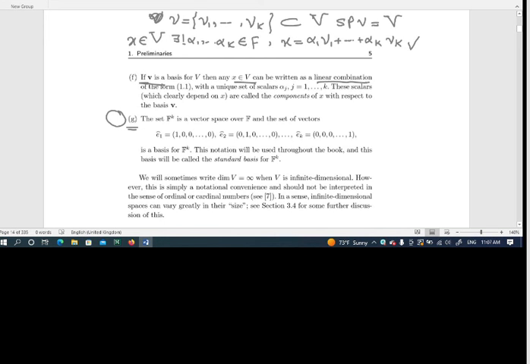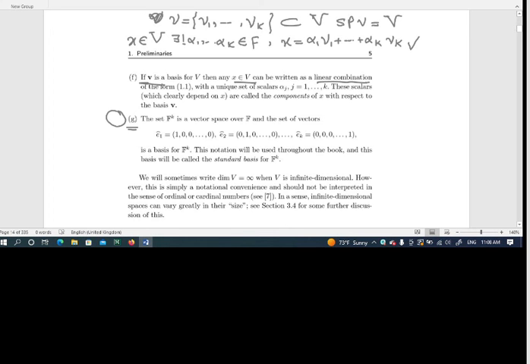So if V equals V1 to Vk is a basis for V, it is linearly independent and the span of V equals V. For every element X of V, there are unique scalars alpha 1 to alpha k in field F such that X equals alpha 1 V1 plus ... plus alpha k Vk.